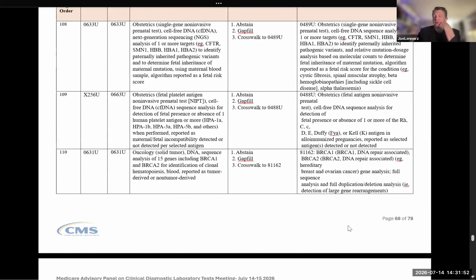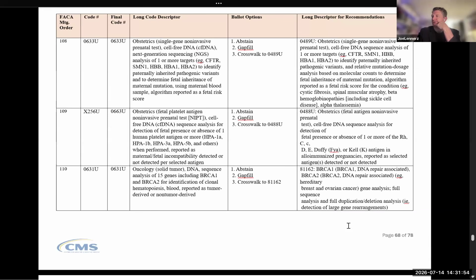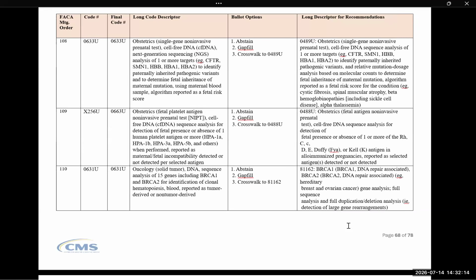Yeah, if you look in the comment tracker, there's 81443 mentioned. The 81162 that's on the ballot, but 81443 is not on there, as well as 81462. Dr. Leonard, could you please repeat those two codes?